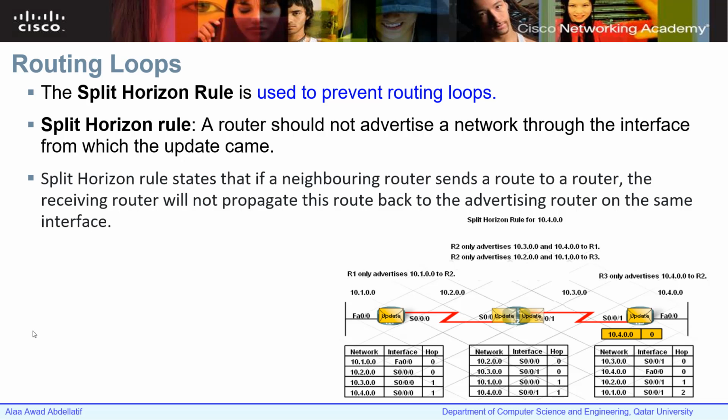If a neighbor router sends a route to a specific router, the receiving router will not propagate this route back to the advertising router. This router is the advertising router. I send to all networks that there is a link with 10.4.0.0. So the other router shouldn't send back to me that there is a link 10.4.0.0. I am the owner, I am the advertising router.